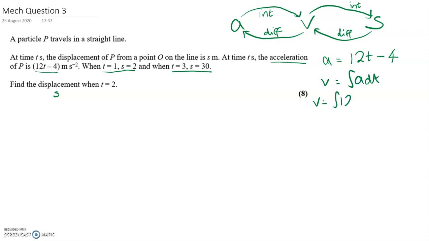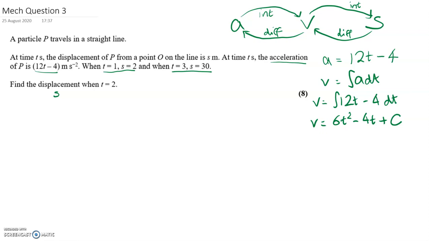So integrate 12t minus 4 with respect to t. When we do that, we get 6t squared minus 4t plus c. We don't have any initial conditions for v and t, so we just have to keep our velocity expression like that.